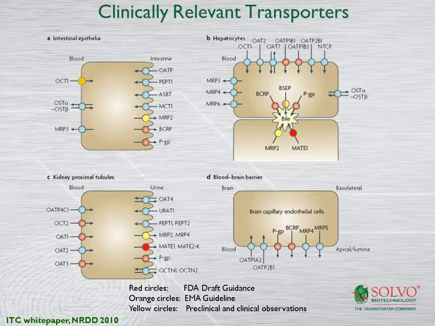This is from the white paper from the International Transporter Consortium, showing the general expression of the most famous or most important transporters. The figure which Roloff showed is much more detailed, with many more transporters shown there, all of them presented in the book.